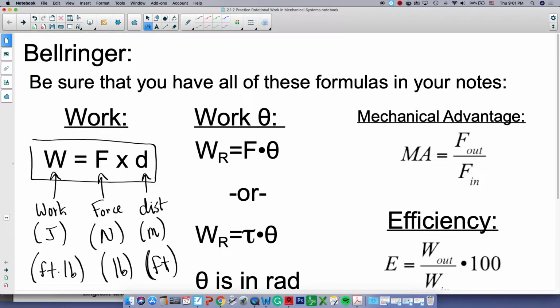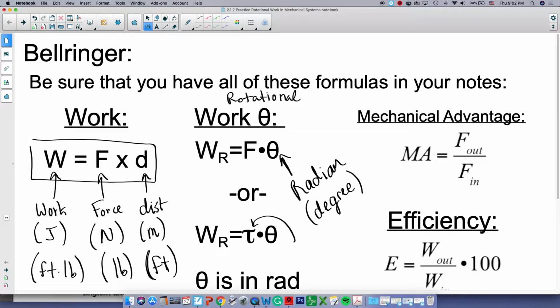Okay, so then the next column over here we have work theta, so that's rotational work. That's what we're going to talk about a little bit more today. Okay, so theta is the radian or degree measurement that you are applying our force through, and normally our force is caused by a torque.